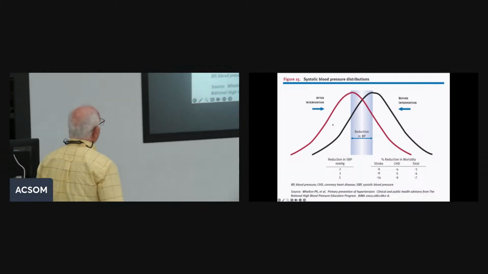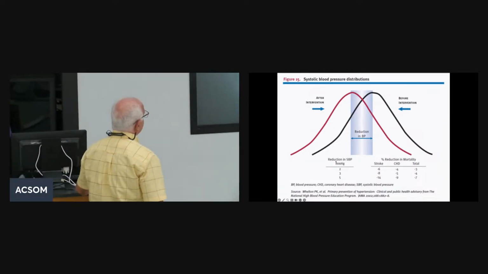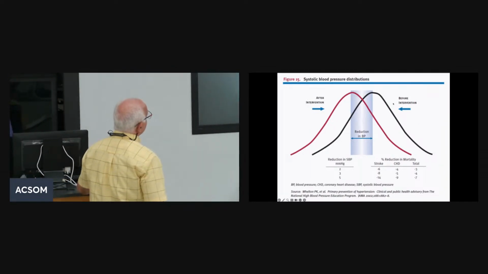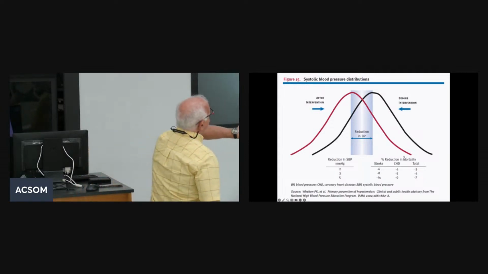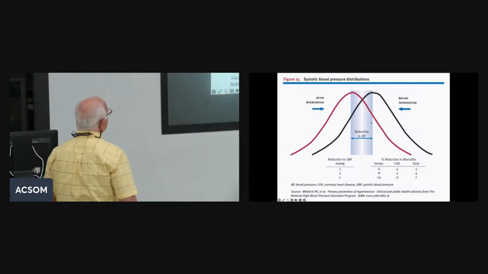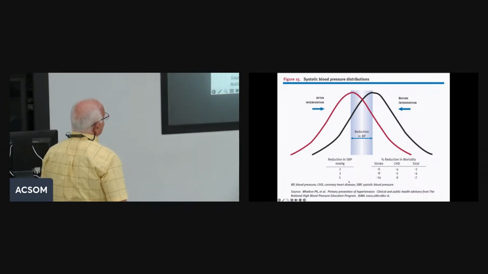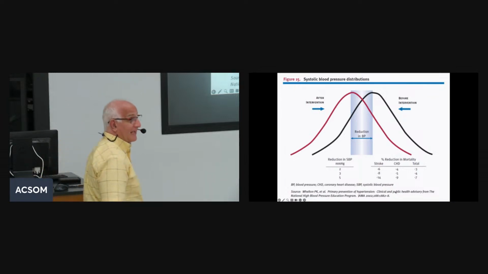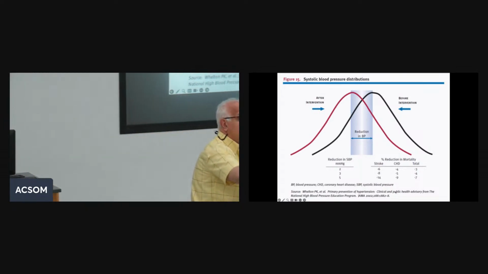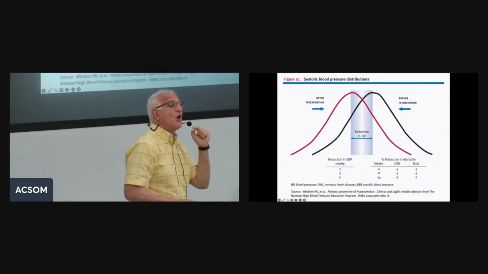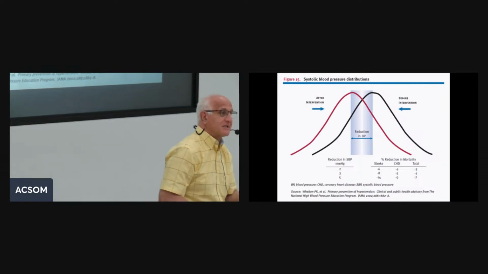Here is the blood pressure on the x-axis. This is before intervention, the black line, and the red line is after intervention. I improve their blood pressure by giving them medicine. Treating hypertension is associated with reduction in mortality. This is what we needed to be convinced that we should treat our patients.